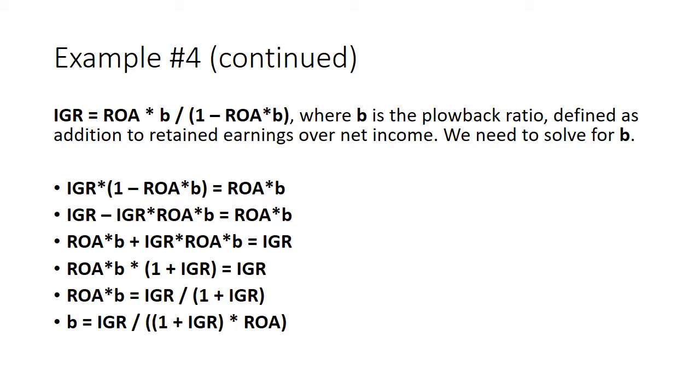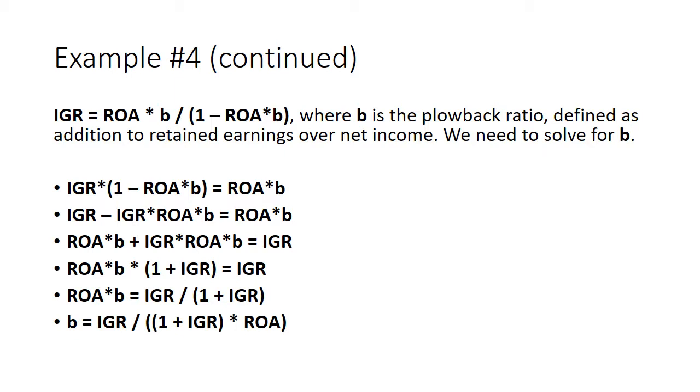Now remember from order of operations that we're going to do our parentheses first. And inside of those parentheses, we are going to do the multiplication first. And so how I would approach this is to first find the product of ROA times B, and then subtract that from 1. That gives me the denominator.